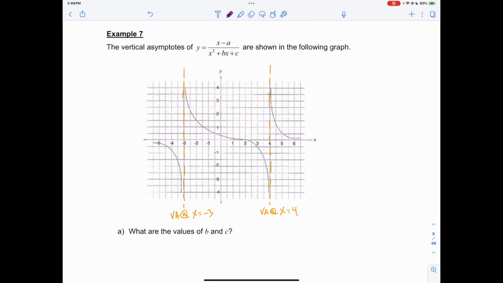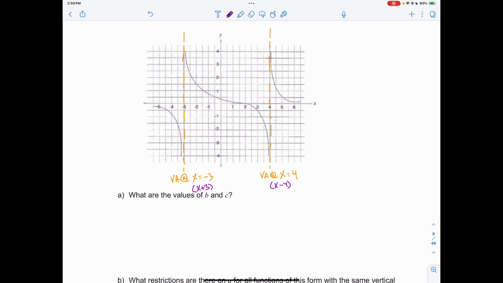Now I know if I have a vertical asymptote at x is equal to negative 3, then I should have a factor of x plus 3 in the denominator. If I have x is equal to 4, I should have a factor of x minus 4 in the denominator. So when it says for part A, what are the values of b and c, then we can say that if x squared plus bx plus c is equal to x plus 3 times x minus 4, then x squared plus bx plus c is equal to x squared minus x minus 12.